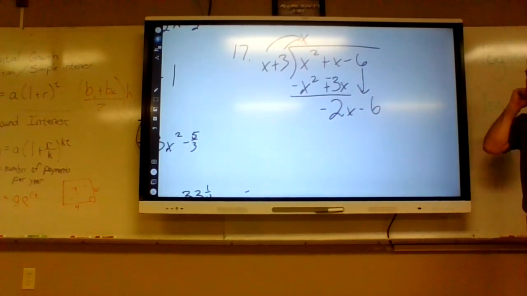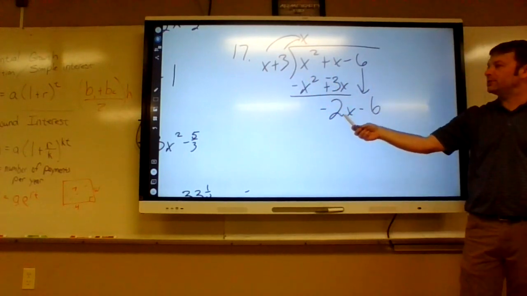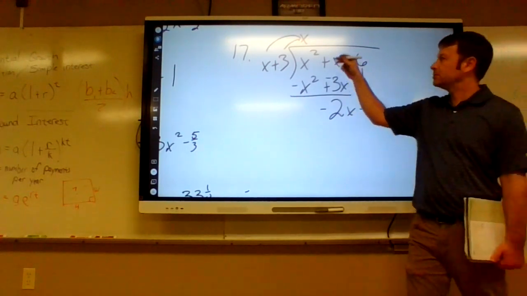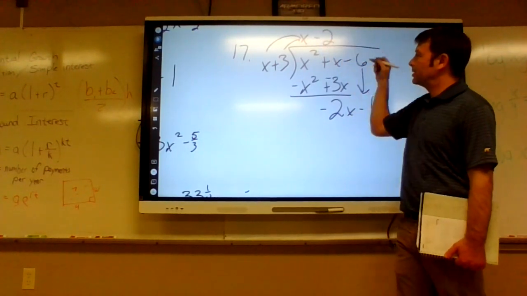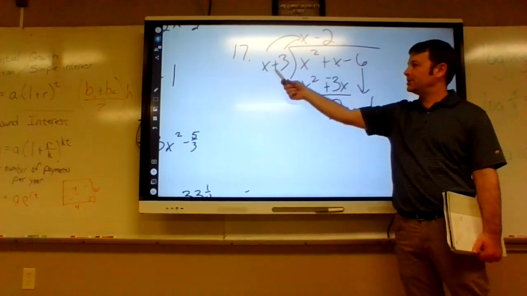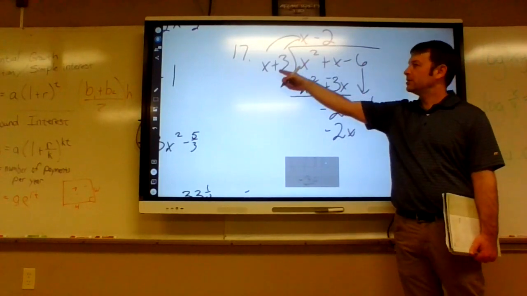Yay. And then start over. X times what equals negative 2x? Negative 2. I'm going to put a minus 2 up there. What is minus 2 times these two guys? Negative 2x minus 6.